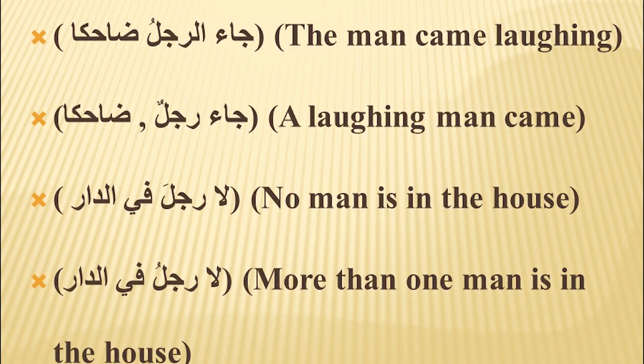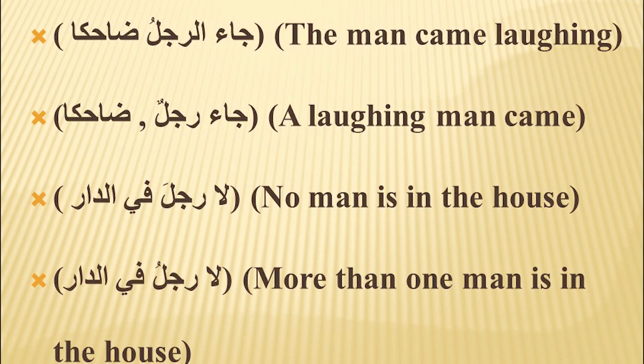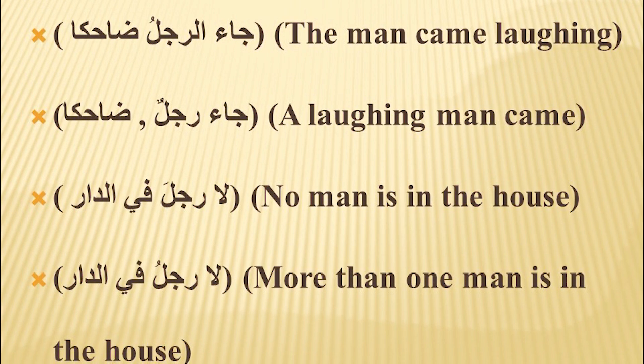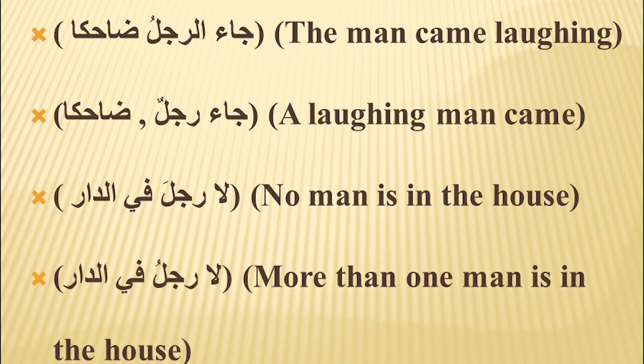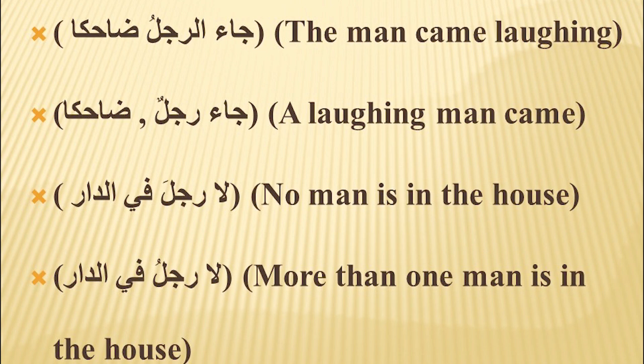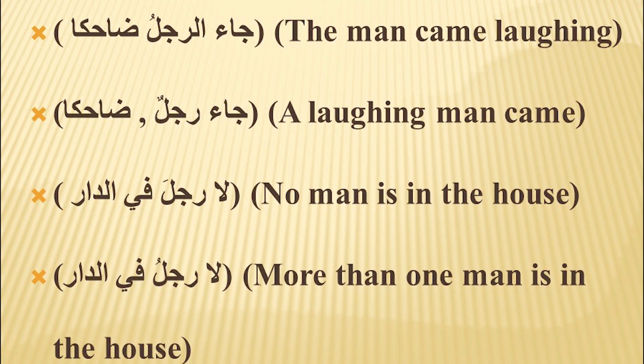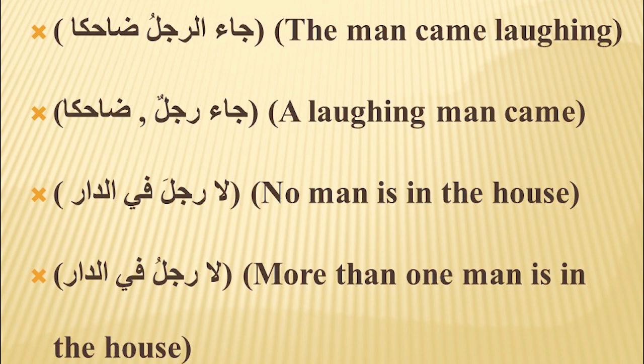أنا لازم أكون أعرف أنه when the noun in Arabic is accusative after a negative particle, the reference is for gender. الاسم إذا كان منصوبا وسبق أداة نفي، فالإشارة إلى الجنس، لذلك تترجم no man is in the house أو there is no man in the house.